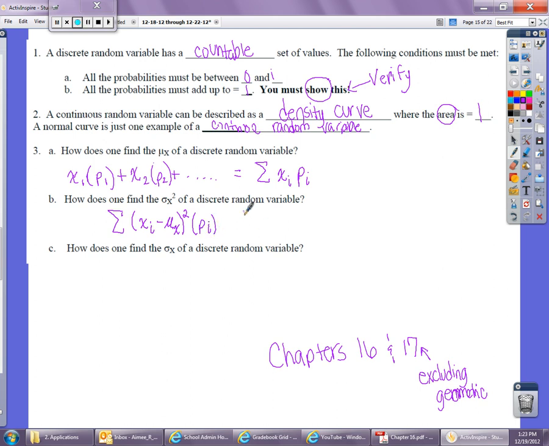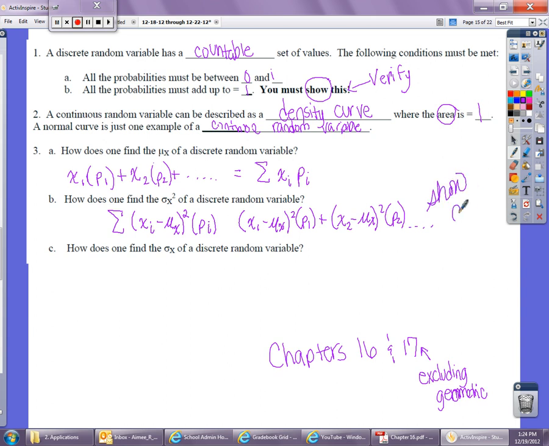Okay? So you would take the first x value, subtract the mean, square it, and multiply it by its probability. Add to that the second x value, subtract the mean, square it, times the probability. Okay? You have to show all of this work.